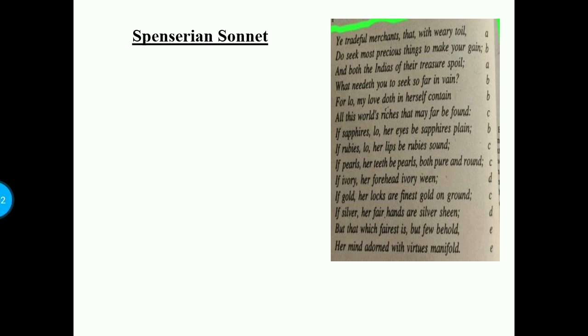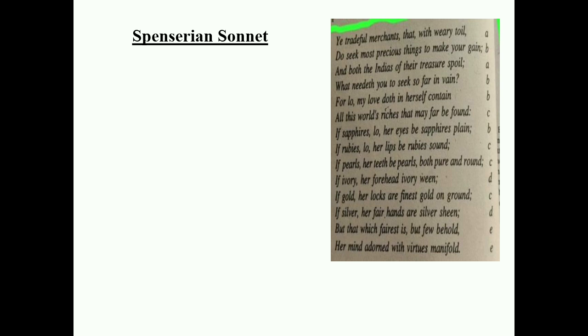Yeah, we reach the Spenserian sonnet. This is also an English sonnet. But why is it called the Spenserian sonnet? Because Spenser used a different rhyming scheme, that's why it is called the Spenserian sonnet. Here you can see the picture, which is going to provide very clearly the structure of rhyme of the poem.